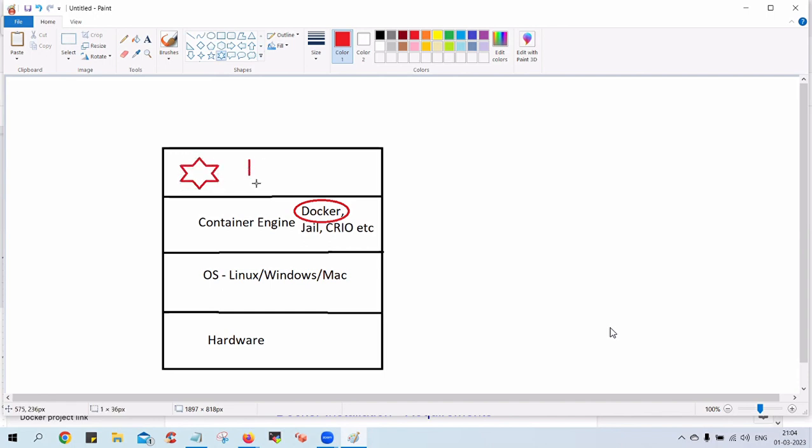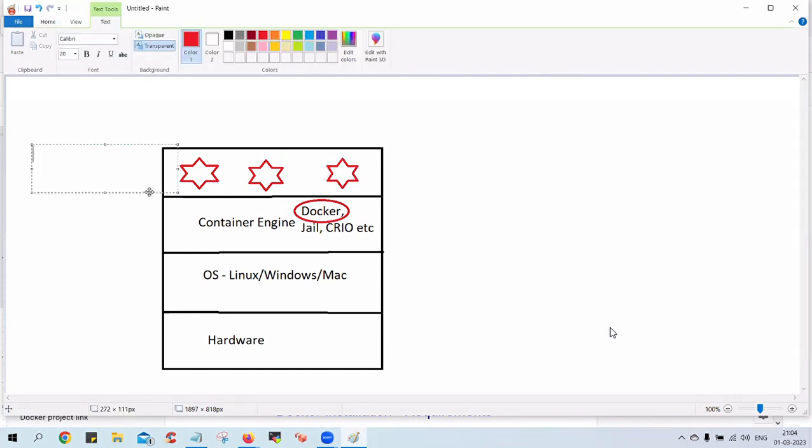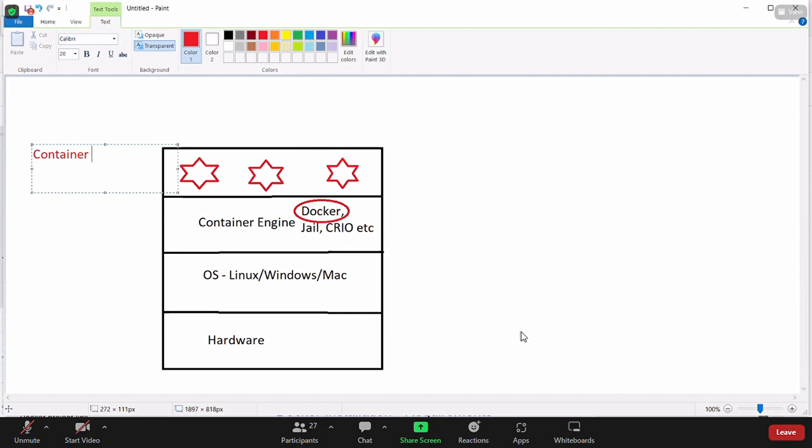I'm putting stars. Whatever these red stars that I have written here are called container images.